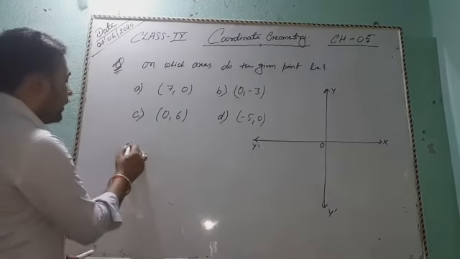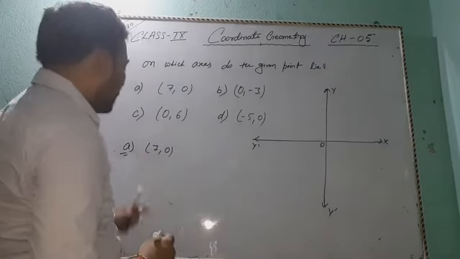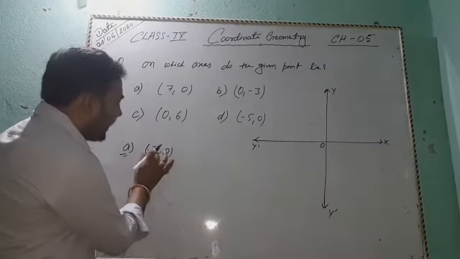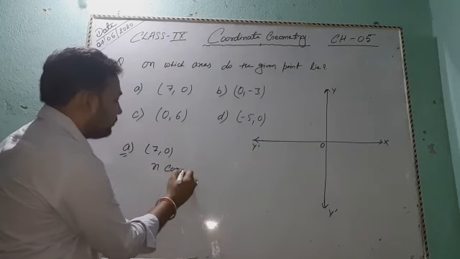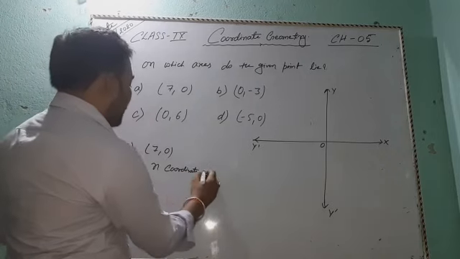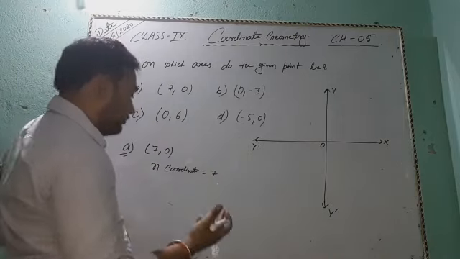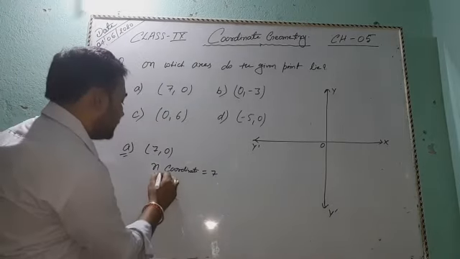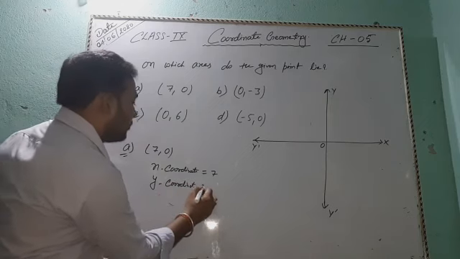Question number A, (7, 0). So the x coordinate, or abscissa, is equal to 7, and the y coordinate is equal to 0.